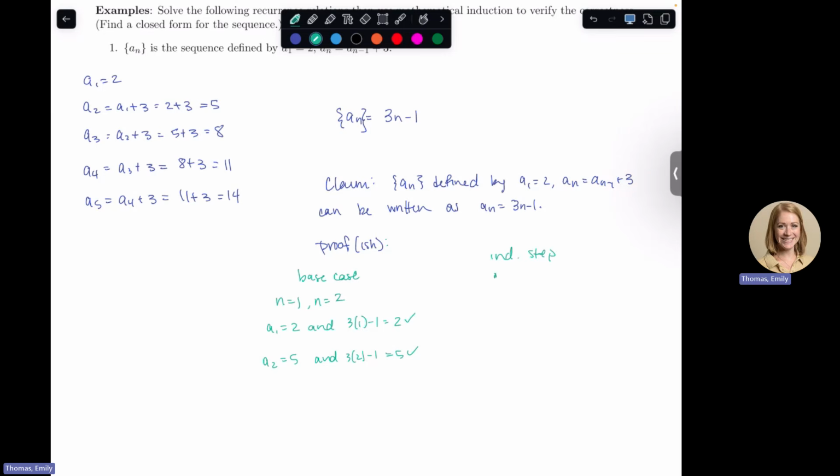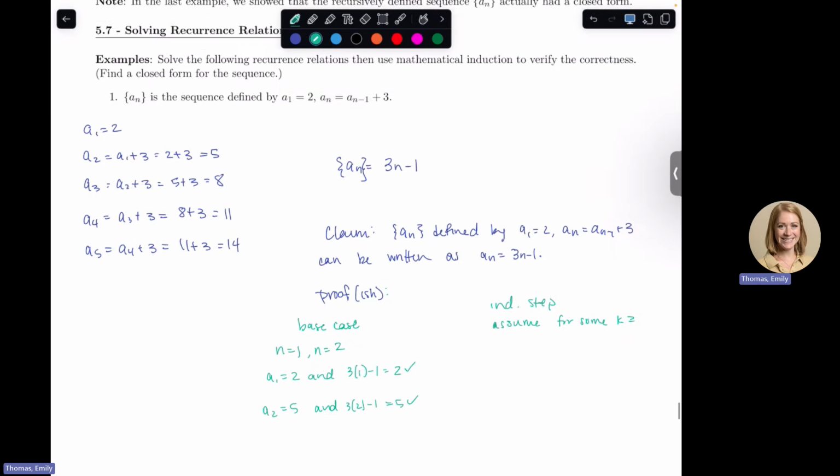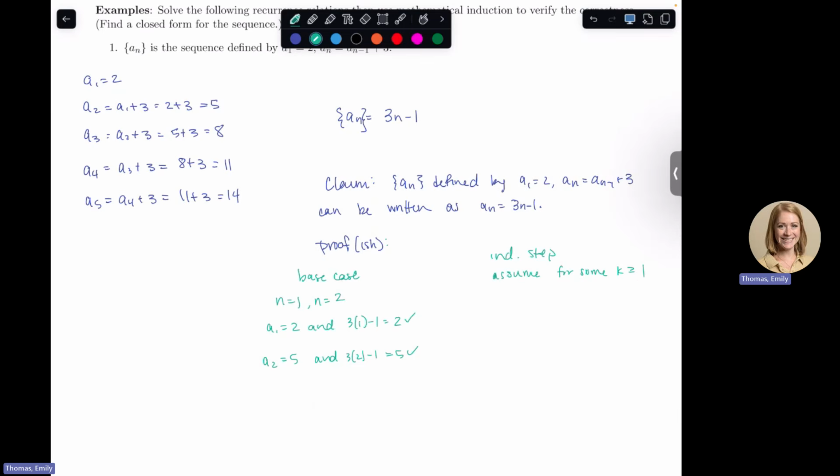The inductive step: you would assume, for some k greater than or equal to 1, that a sub k is equal to 3 times k minus 1. You are going to consider a sub k plus 1.